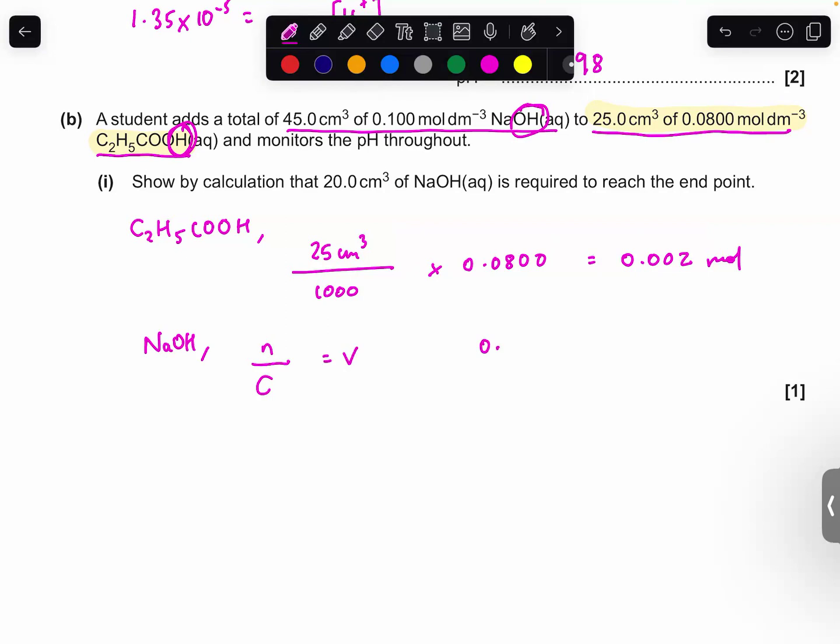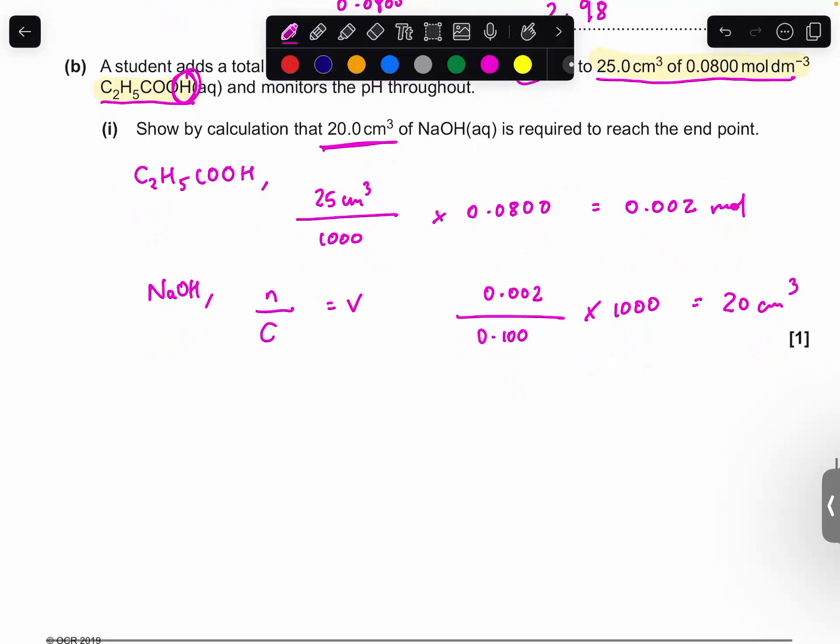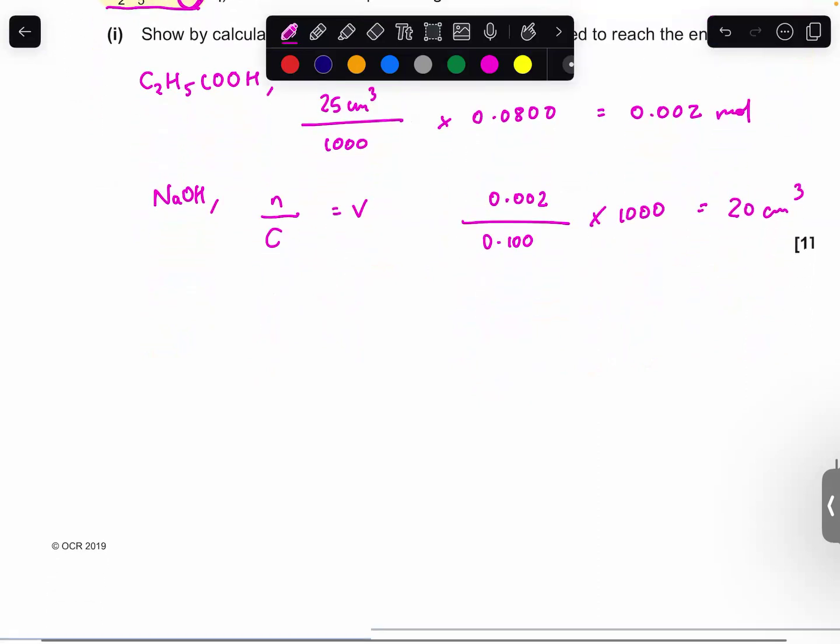So what we do, 0.002 divided by 0.100, and then multiply the answer by 1,000 to give your answer in centimeters cubed. Yep, 20. Good. Let's see how they do it. Yep, they did it the same way in the mark scheme.